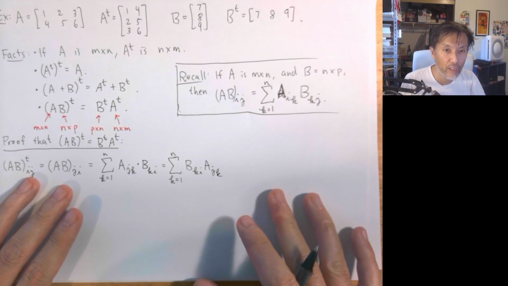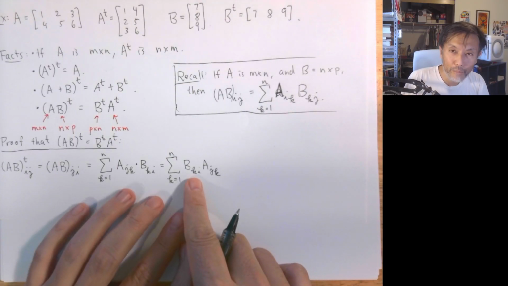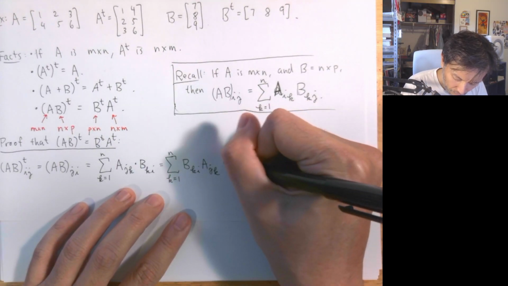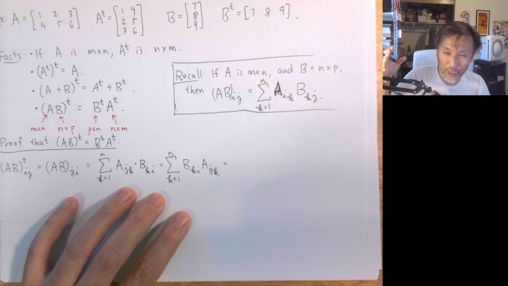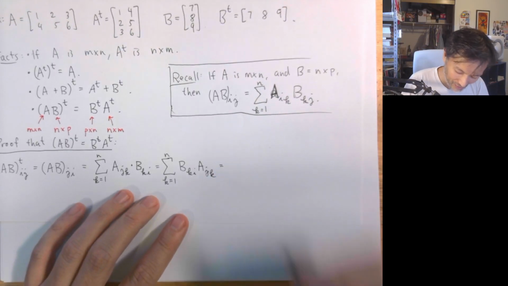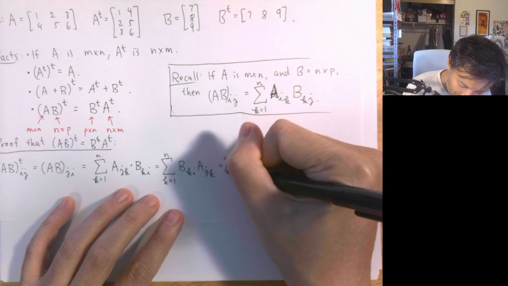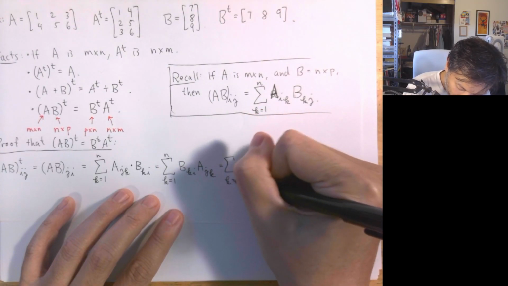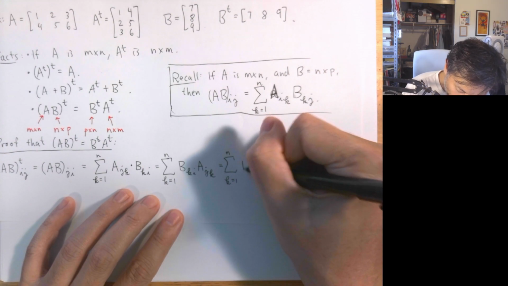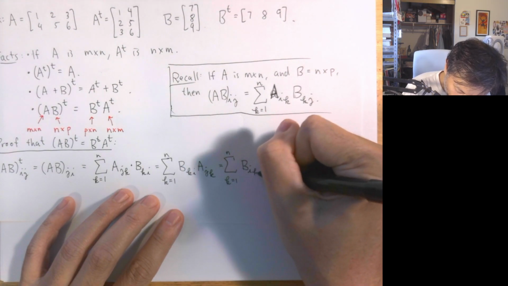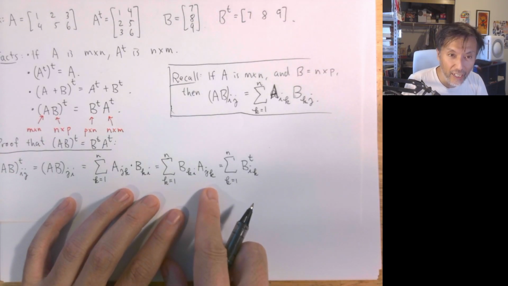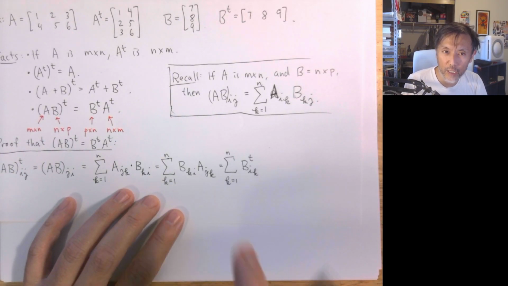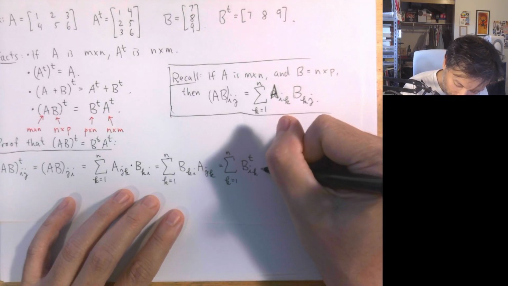But b_ki is the ikth entry of B transpose, and a_jk is the kj entry of A transpose.